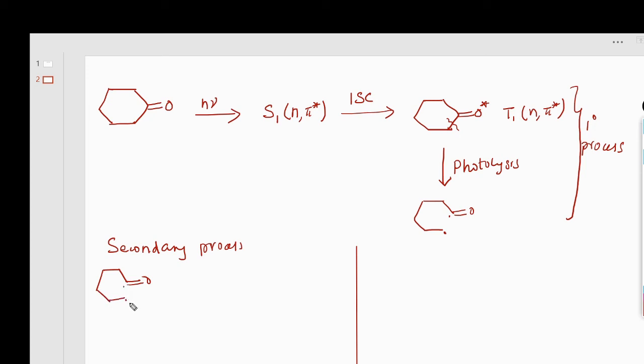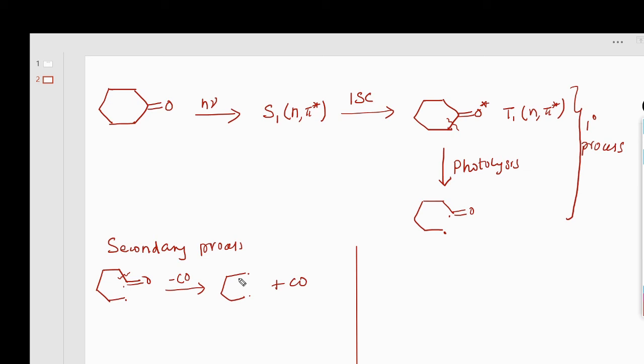So you have a diradical. This diradical can undergo decarbonylation. So carbon monoxide will be removed. So this bond breaks, this bond breaks. Decarbonylation. So you will get a diradical like this plus carbon monoxide.